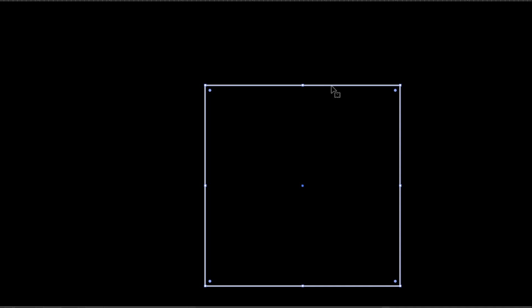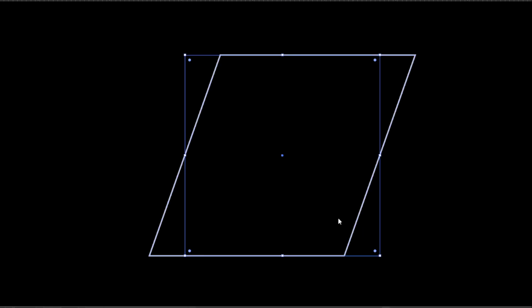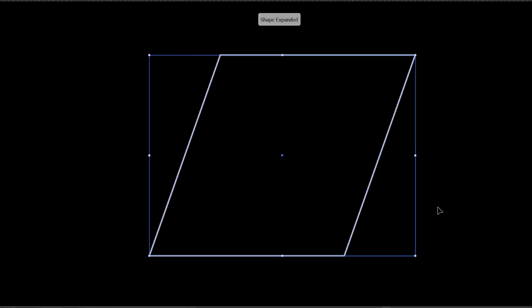I'm sorry. I can't make it look like that. Let's try it again. Oh, come on. There you go. All right, now I'm going to make it into what looks like a rhombus. Okay, here we go.